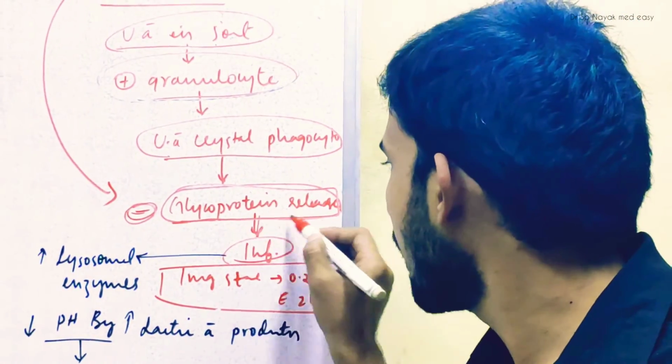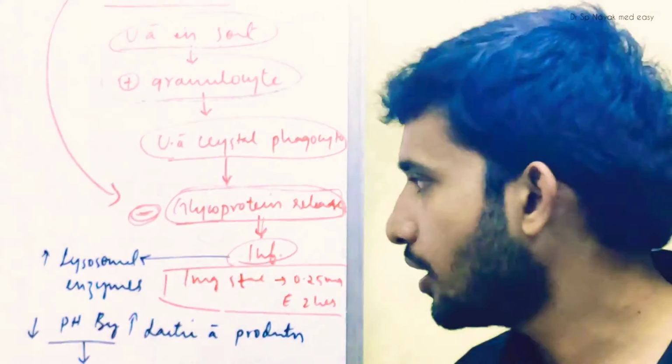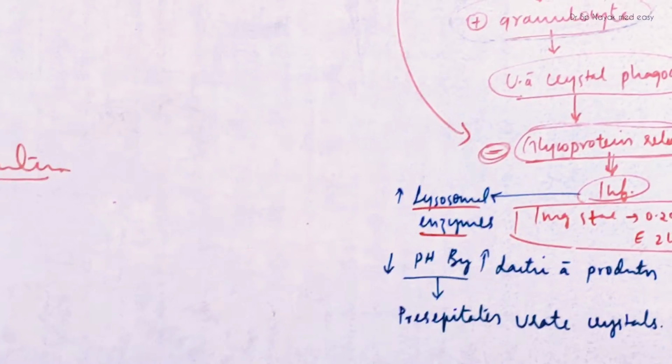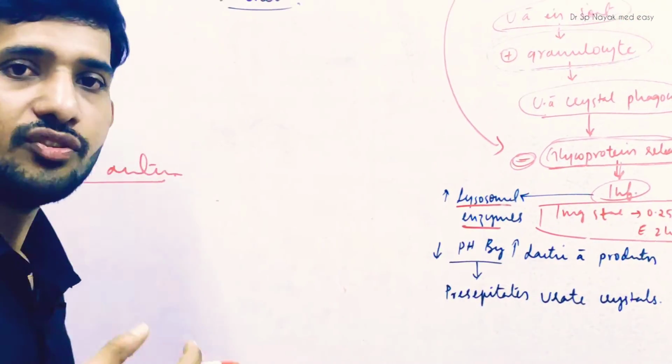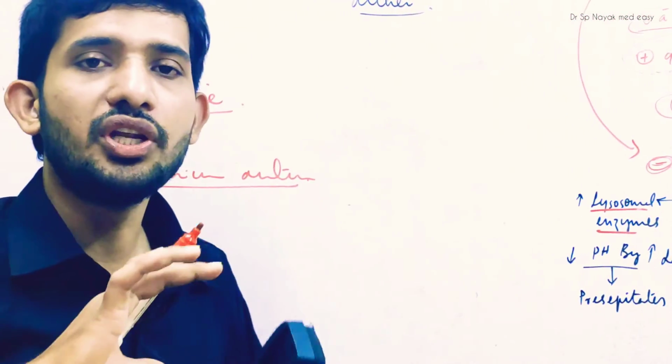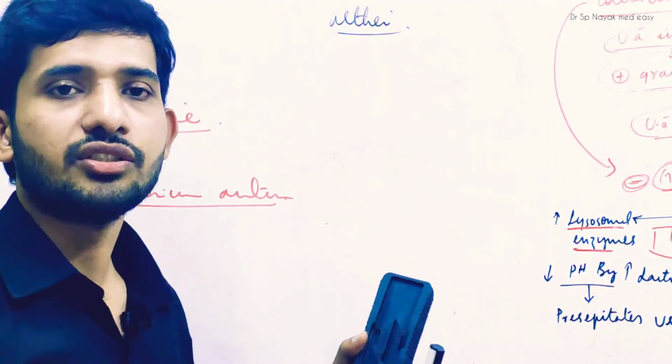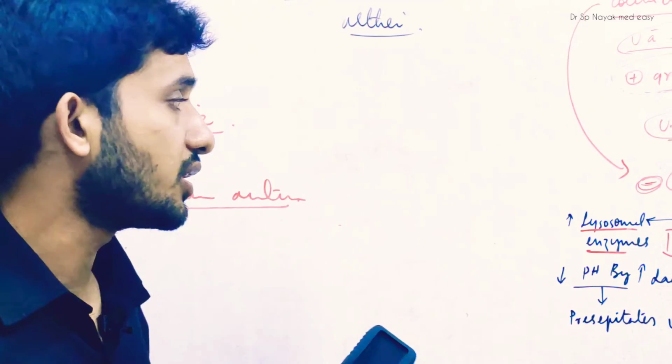By the release of glycoprotein in the joint, some lysosomal enzymes are also released, and these enzymes will try to degrade the joint, and by that degradation severe inflammation and severe pain occur.